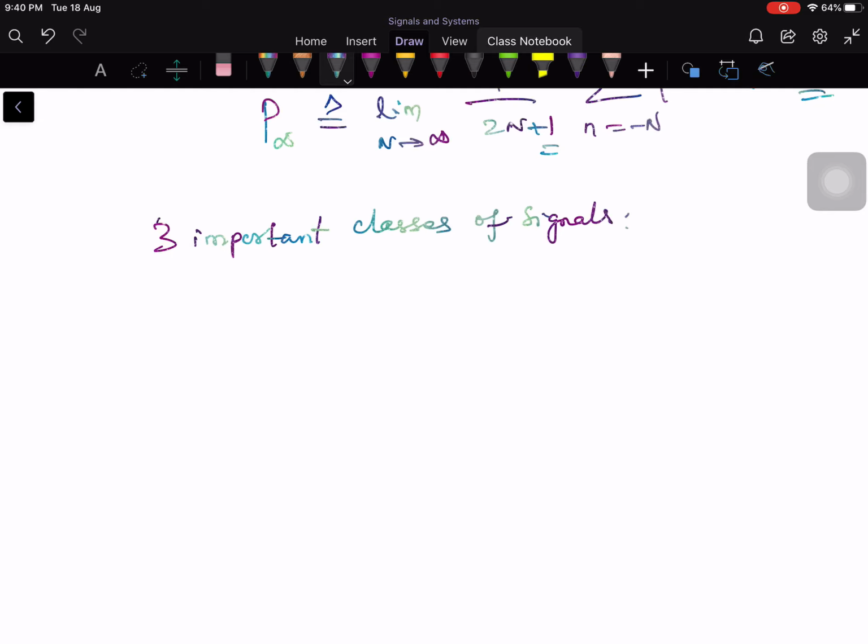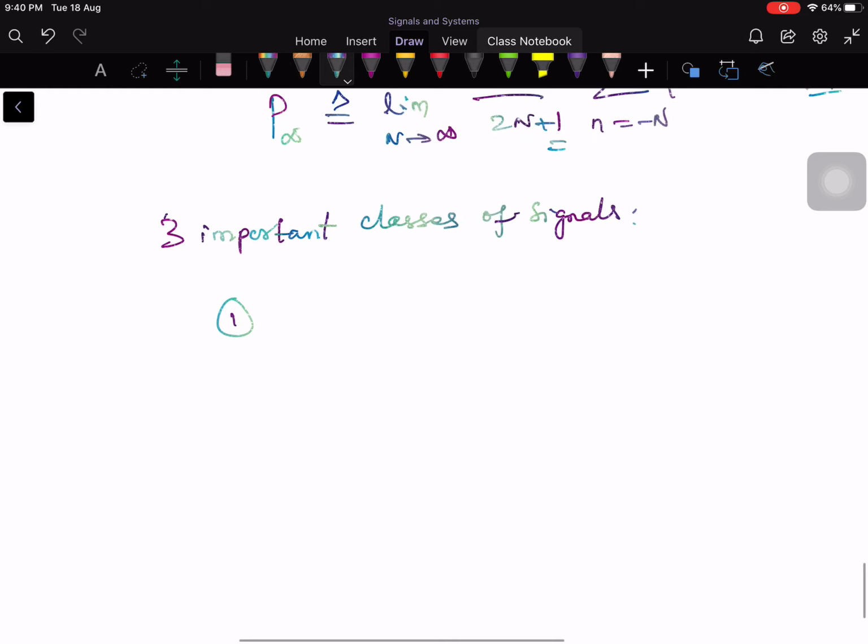Okay, so the first classification is energy signal.